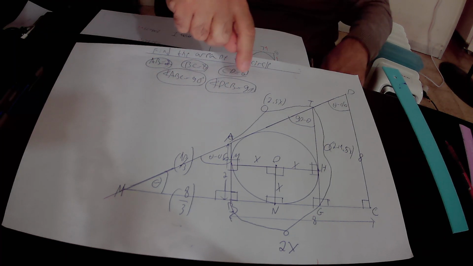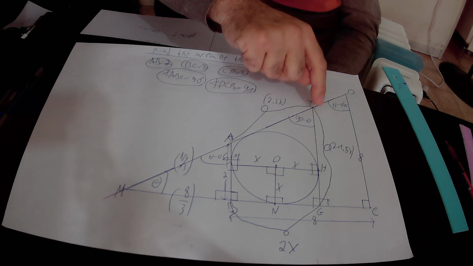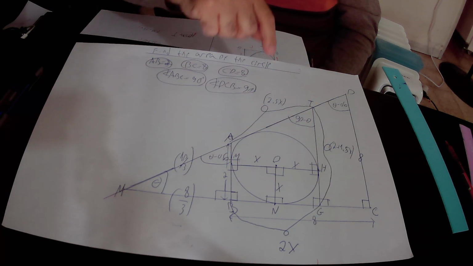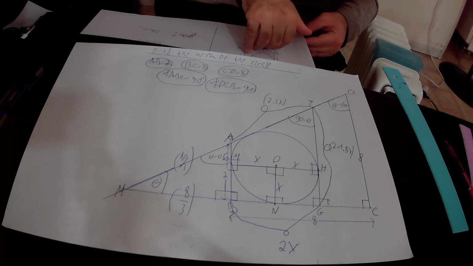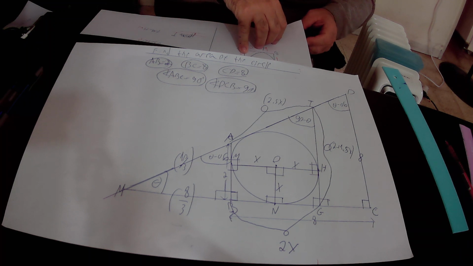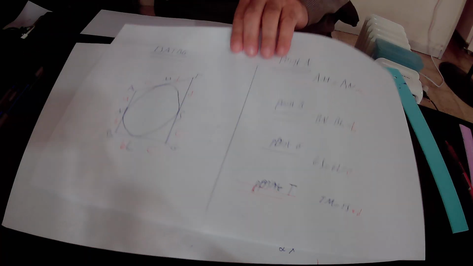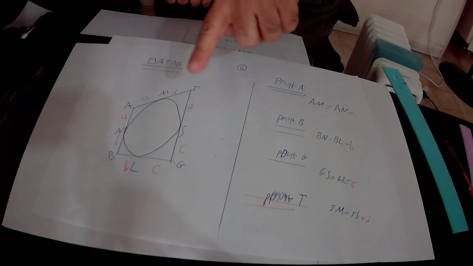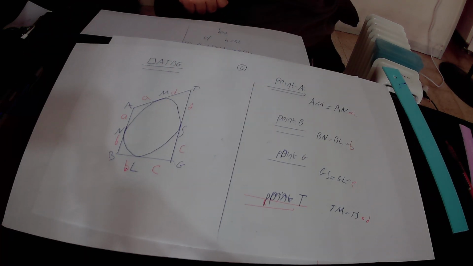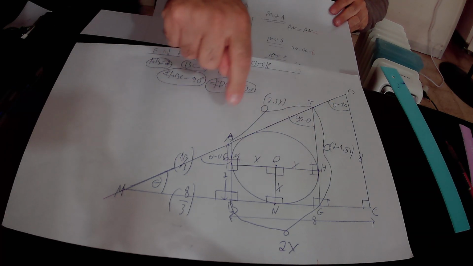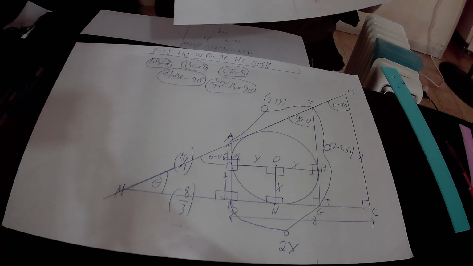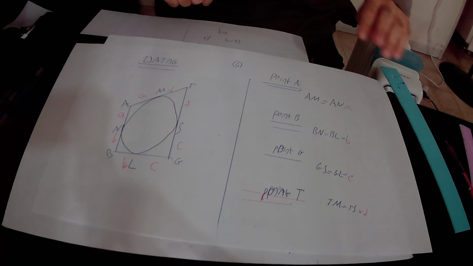Then I copied quadrilateral ATGB in a new page. This is quadrilateral ATBG that I copied from the original drawing. This quadrilateral blocks this circle, so I copied this circle in a new drawing.